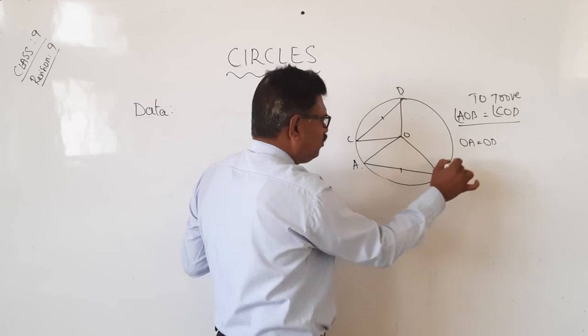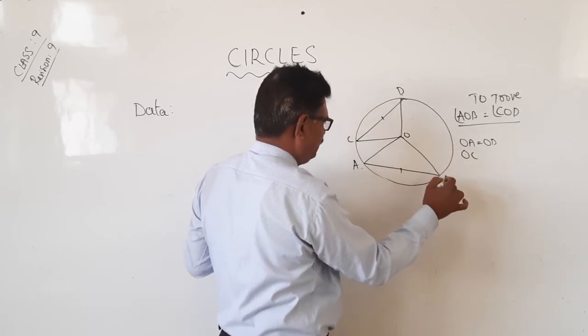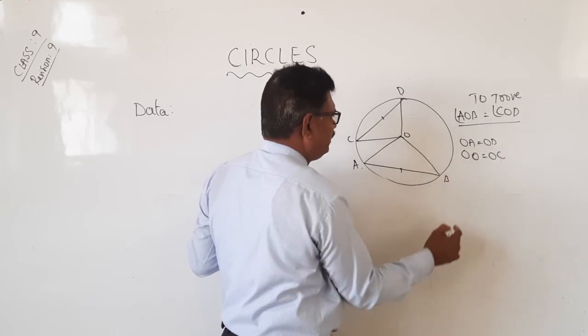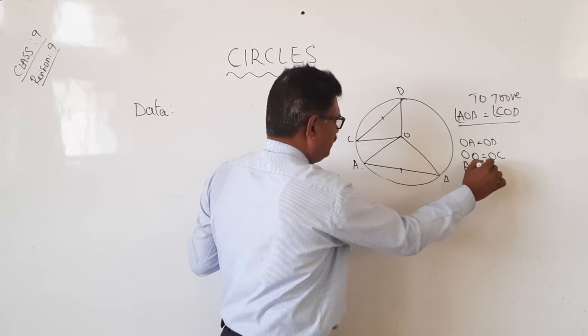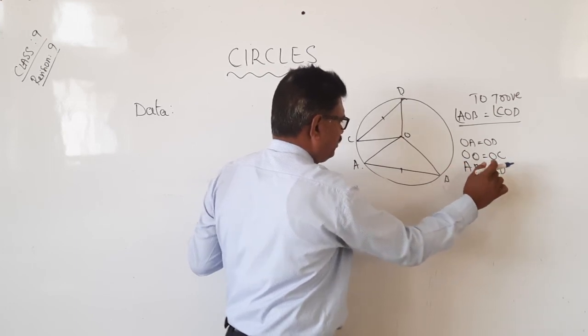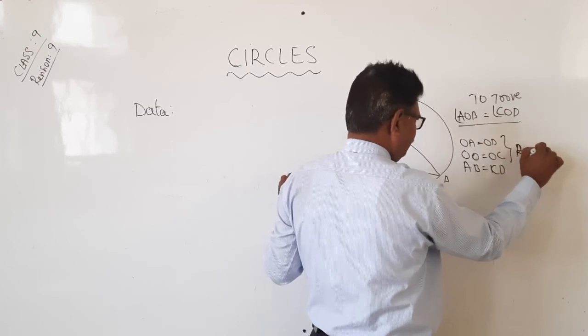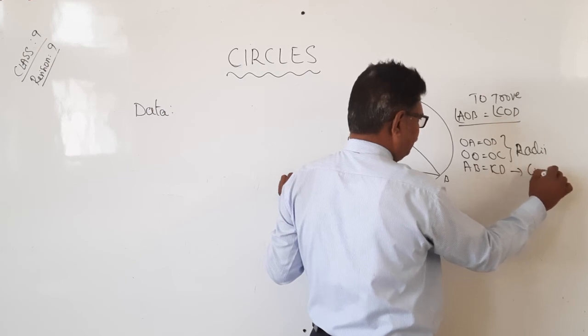OC equal to OB, OB equal to OC. Then AB equal to CD, it is given.